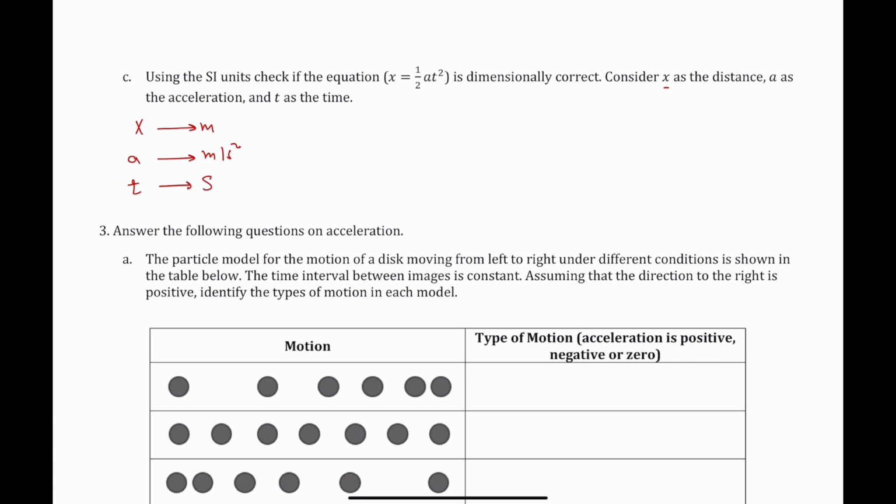So let's write the formula in terms of units. We don't write the numbers, so x is meter equals meter per second squared for the acceleration, and then second squared for the time, t squared. This will cancel this one, so we have m equals m, so it is dimensionally correct.